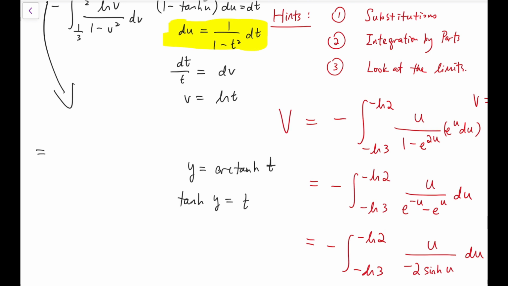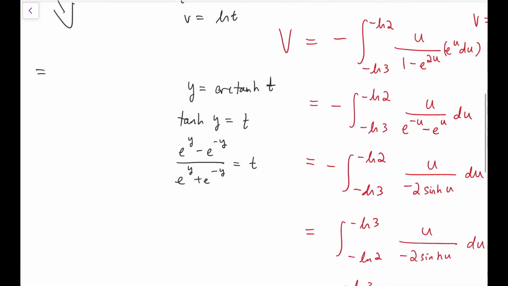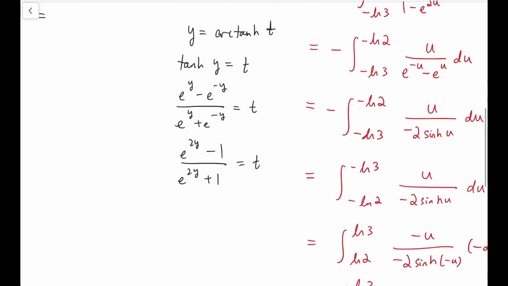Then recall the definition of tanh: we have e to the power y minus e to the power minus y, over e to the power y plus e to the power minus y, equals t. So rearranging the fraction, we have t equal to this fraction. I multiply the numerator and denominator both by e to the power y, so that the number of y's that appear in the expression is reduced.